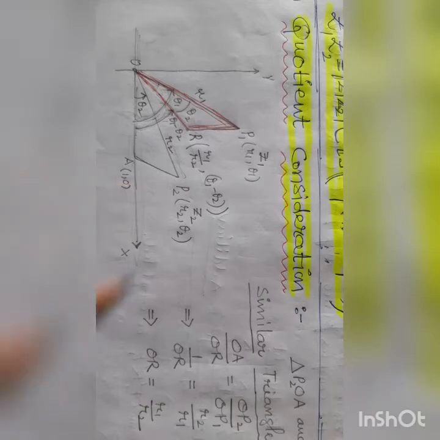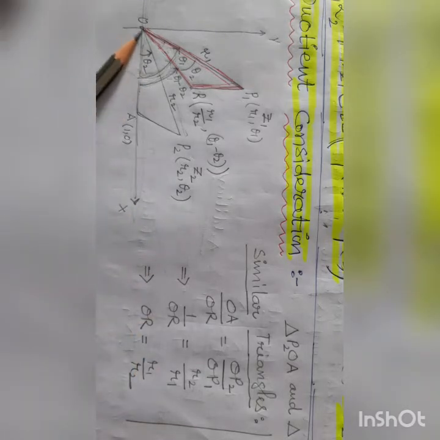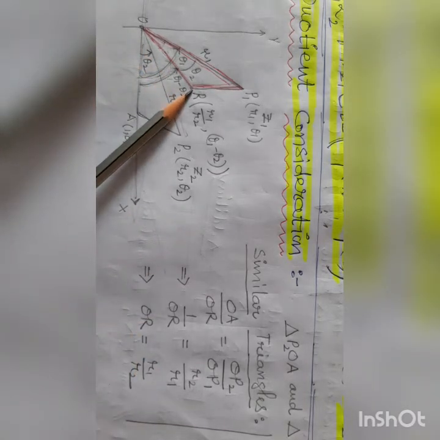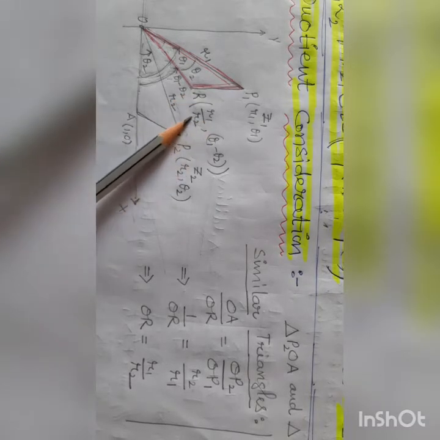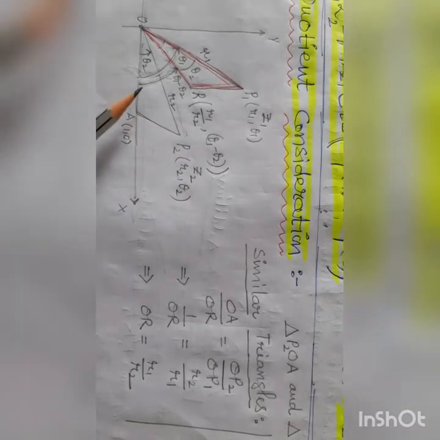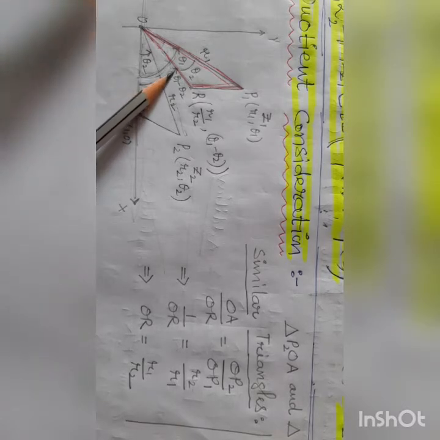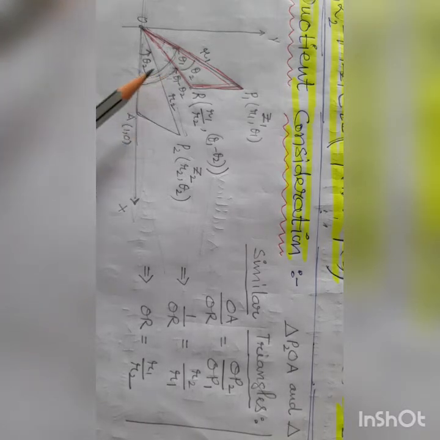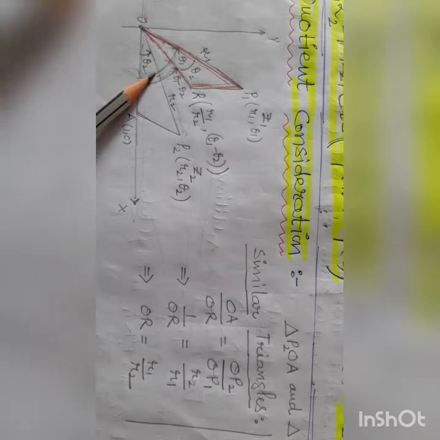According to the quotient consideration, this is very important. You have to learn what OR is. OR, or R, equals R1 by R2; the modulus we got by taking similar triangles. The amplitude theta 1 minus theta 2 we got because we want this OR angle. Totally this is theta 1, this is theta 2 and this is theta 2.